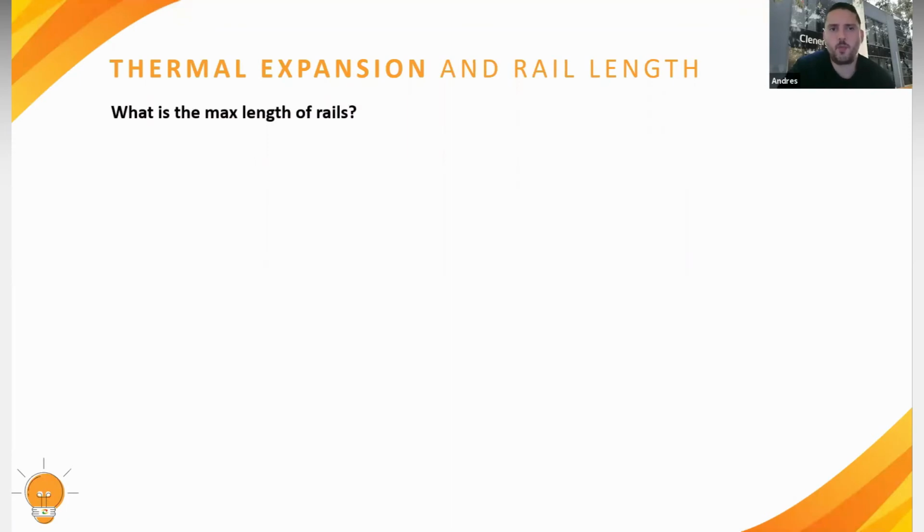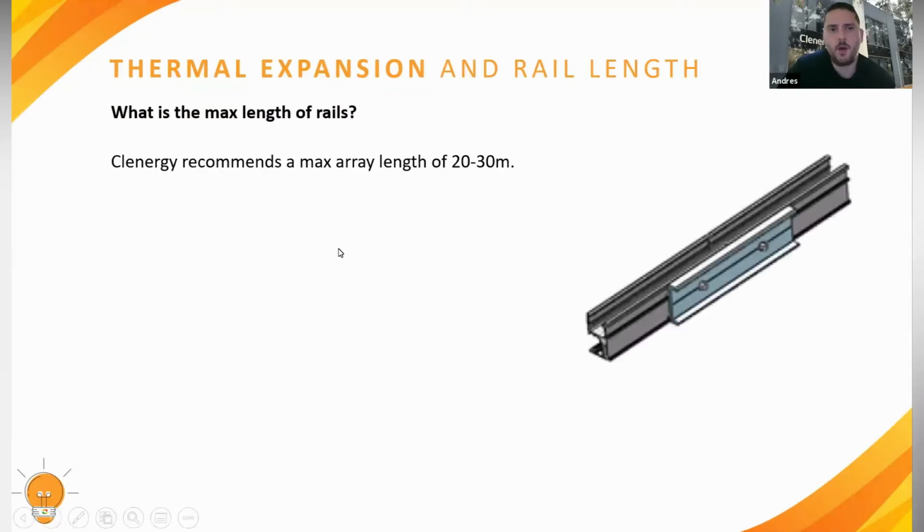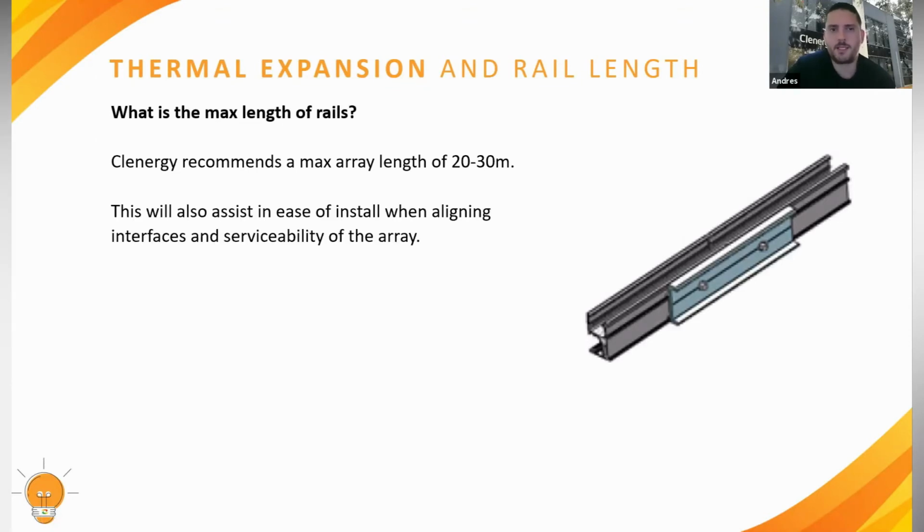So what is the maximum length of rails that we recommend to avoid any issues with thermal expansion? We recommend a maximum of 20 to 30 meters, and then to use a splice, because the splice absorbs part of the thermal expansion, the compression.